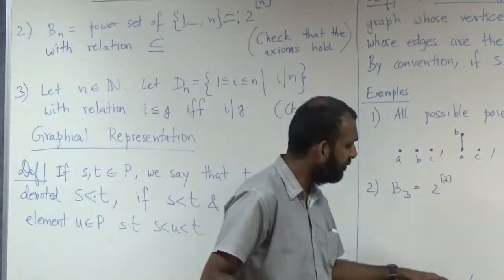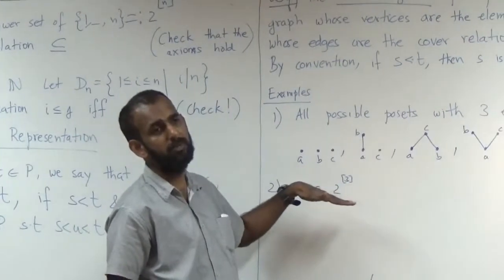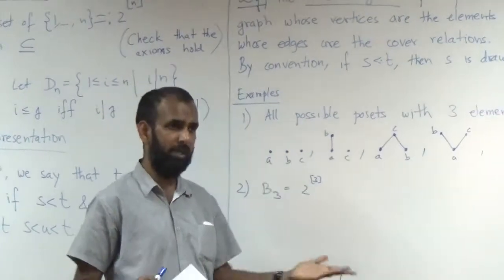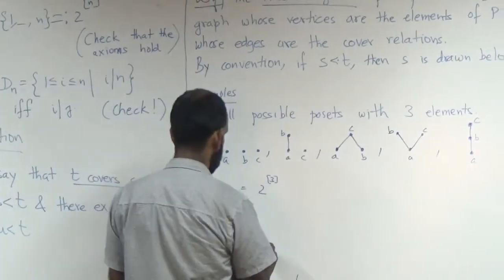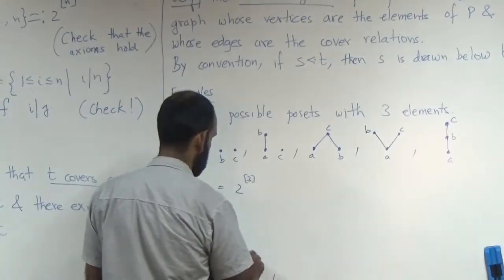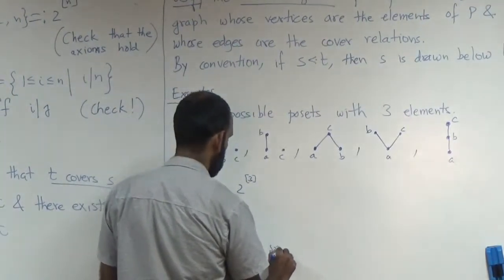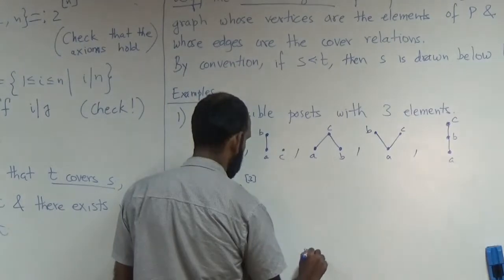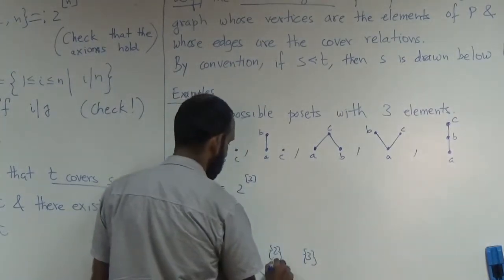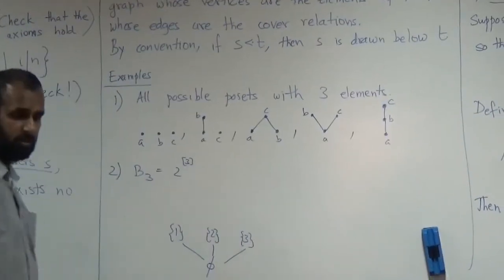So if you want to go slightly above the empty set, you have to have a set with 1 element. So there are 3 possibilities: {1}, {2}, and {3}. So we will draw edges between these.